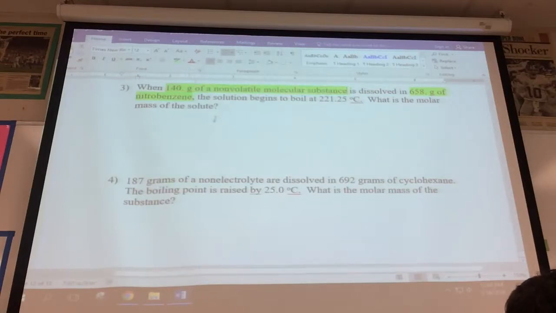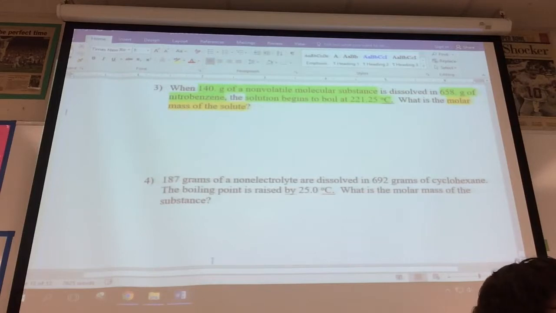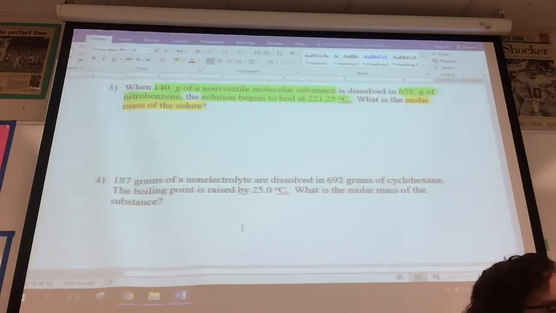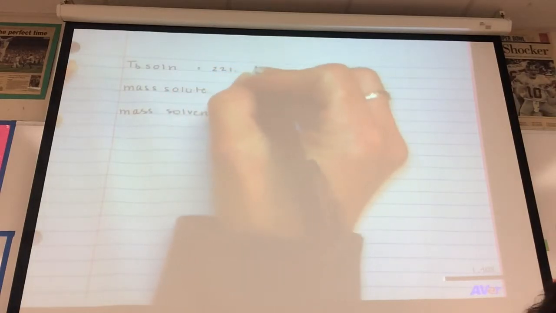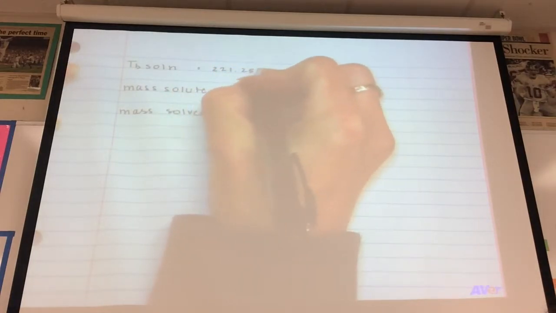So the givens I typically do in green. The solution begins to boil at 221.25 degrees Celsius. And again, same goal, to find the molar or molecular mass of the solute. So that's what's given, what we want to know. The boiling point of the solution is 221.25 degrees Celsius.